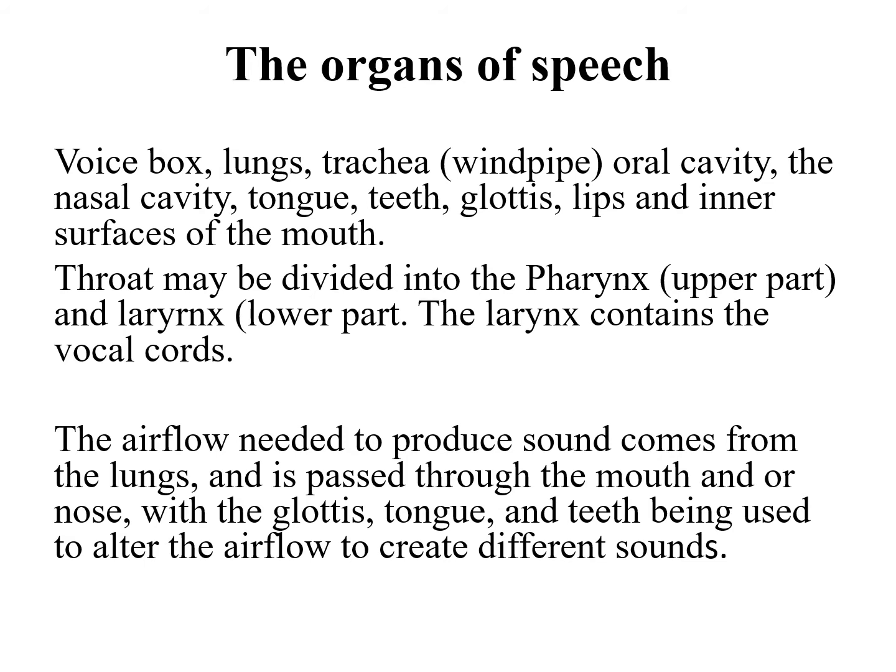The airflow needed to produce sounds comes from the lungs and is passed through the mouth or nose. It means the air which comes from our lungs, when it passes through the mouth, has two passages. If it comes through the mouth, it's called the oral passage, and when it comes through the nose, it's called the nasal passage.